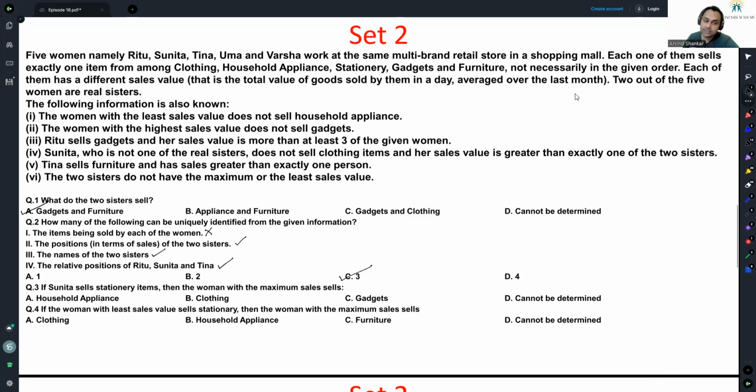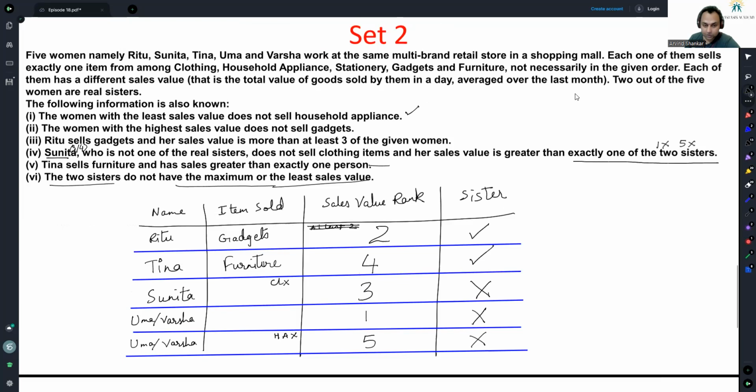If Sunita sells stationery items, then we will have household appliance here, and we would have clothing here. If Sunita sells stationery, then here we would have household appliance and we would have stationery here.